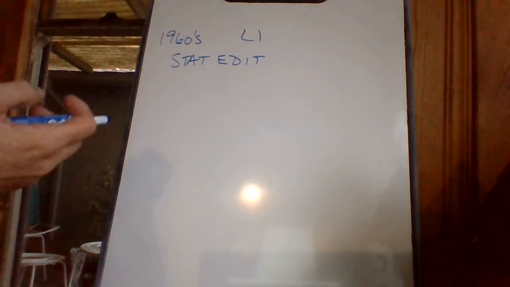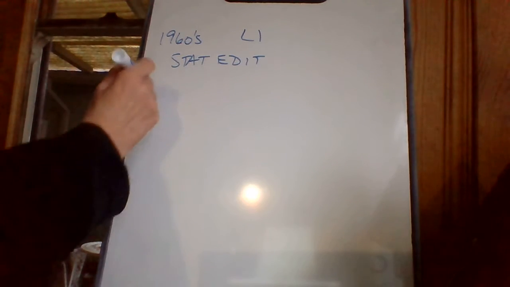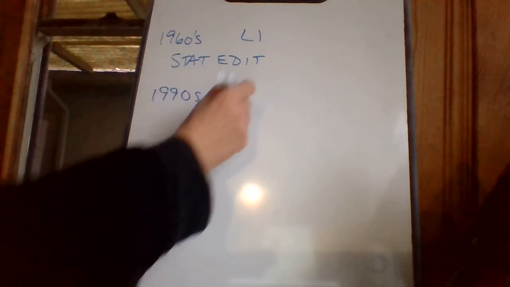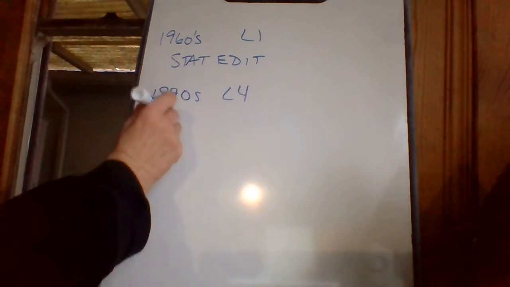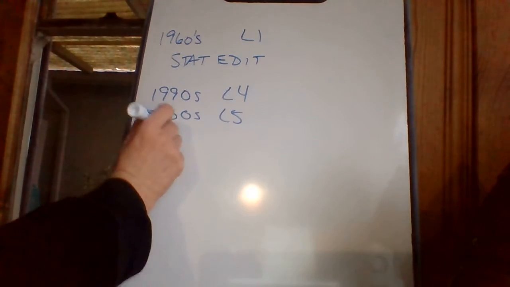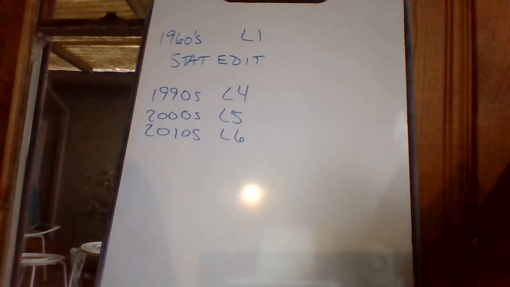And then the 1970s, I do list 2, 1980s, list 3, 1990s, list 4, the 2000s, list 5, and the 2010s, list 6. Okay, so I haven't done anything yet except put all those numbers in my calculator.